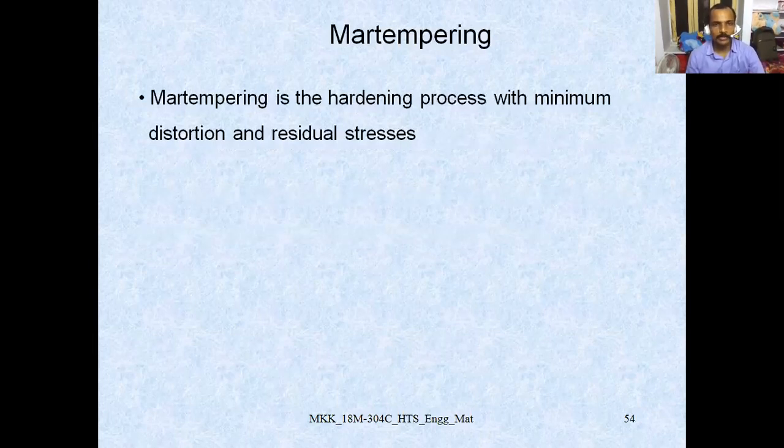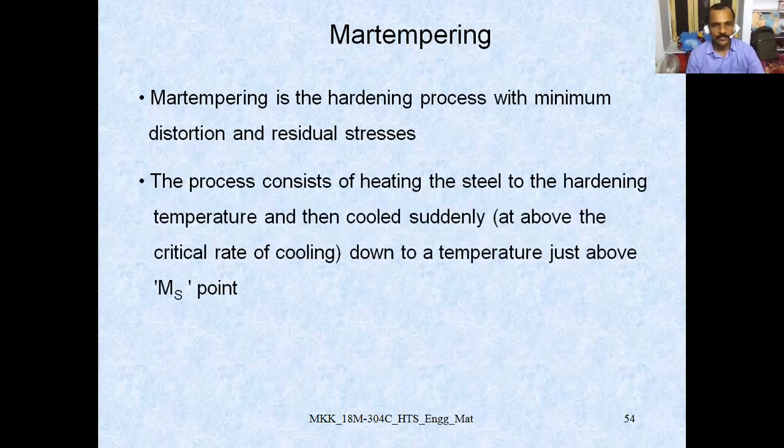Coming to the martempering process, it is a hardening process with minimum distortion and residual stresses. In the martempering process, the steel is heated to hardening temperature, then cooled suddenly above the critical rate of cooling down to a temperature just above the Ms point.